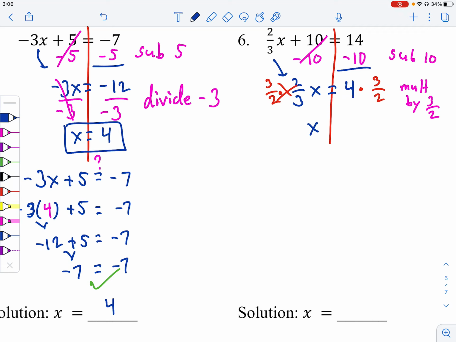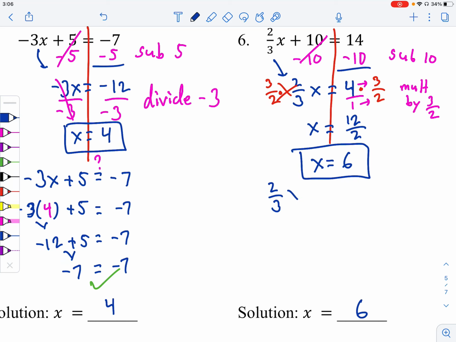So therefore x equals, and then we multiply across it. 4 times 3, 12. Then we do 1 times 2, 2. 12 divided by 2, x equals 6. And that's our solution, x equals 6.